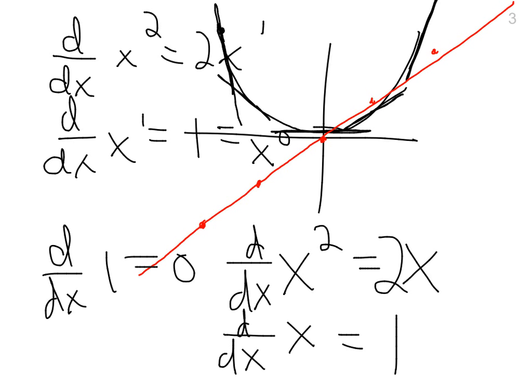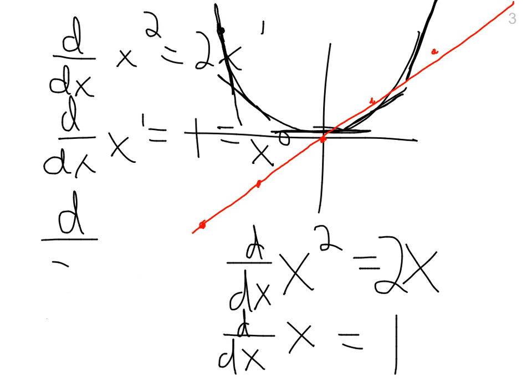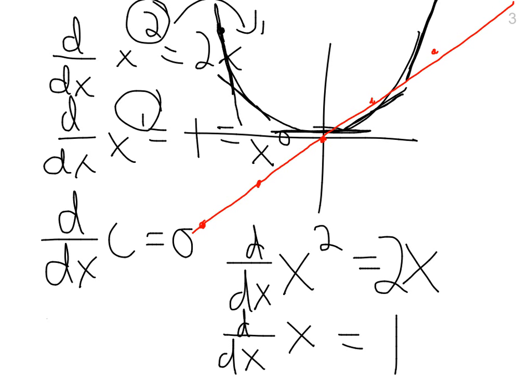The derivative with respect to x of a constant was 0. So as you can see, each time it went from a second power to the first power, and the derivative of something to the first power went to the 0th power.